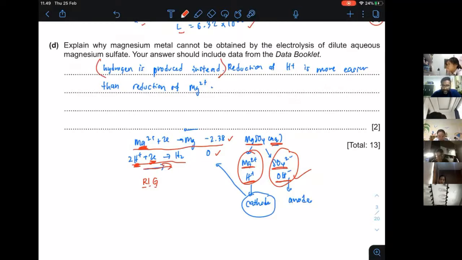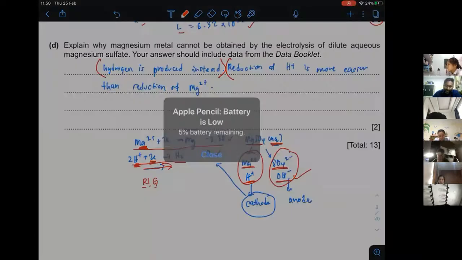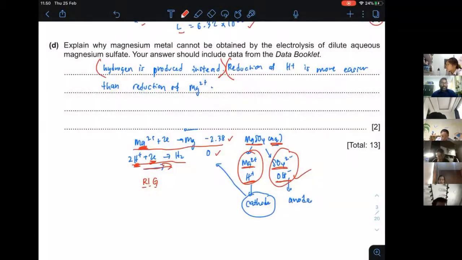You can also include that the reduction of H+ is easier than the reduction of Mg2+. So that is what we are going to explain over there. Any question up to here?